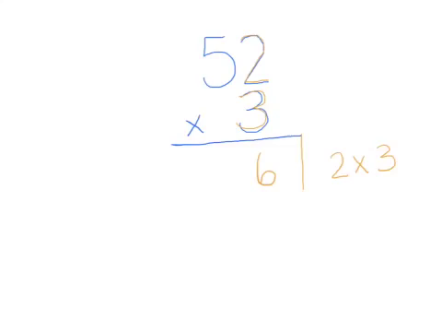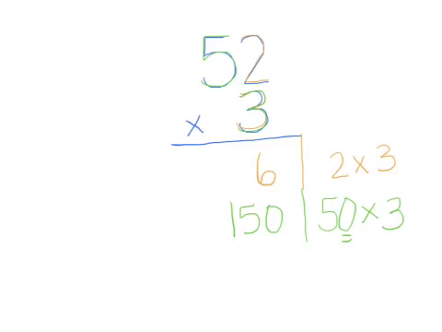Now I'm going to multiply and distribute that same 3 times the number in the tens place. So now I'm going to take not a 5 but a 50, because it lives in the tens place, times that same 3. 5 times 3 is 15. Bring in the 0 just like I did when I dropped the 0 in partial product.